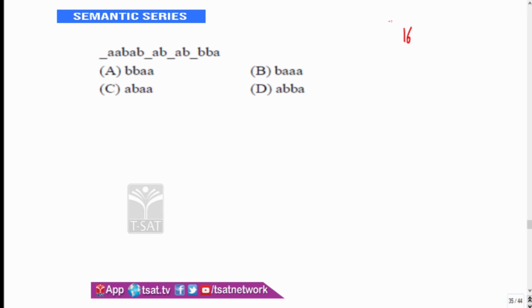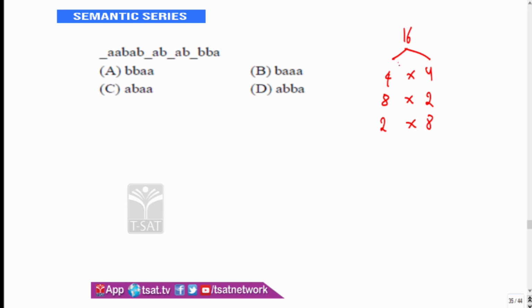Whenever 16 letters are there, we can divide them as 4 blocks repeating 4 times, or 8 blocks repeating 2 times, or 2 blocks repeating 8 times. These are the possible things.